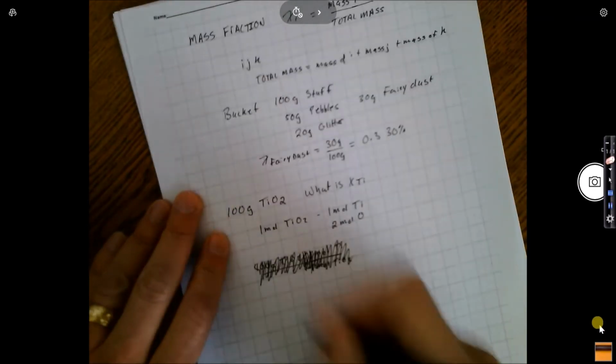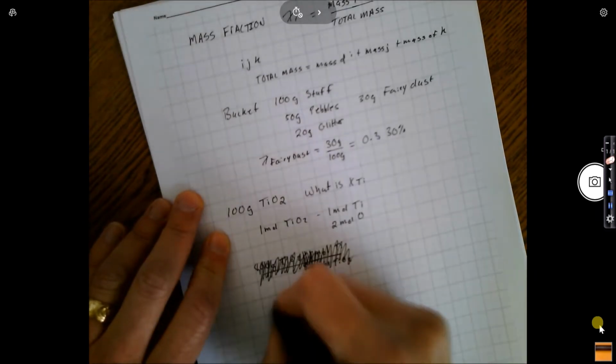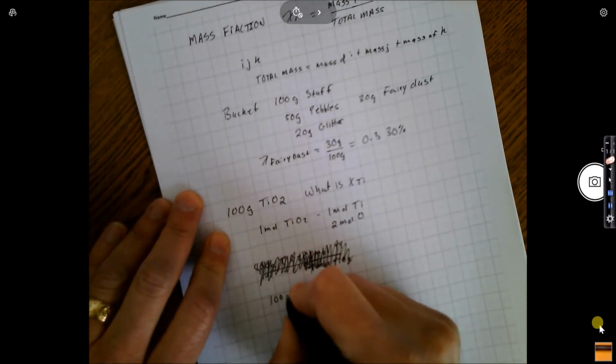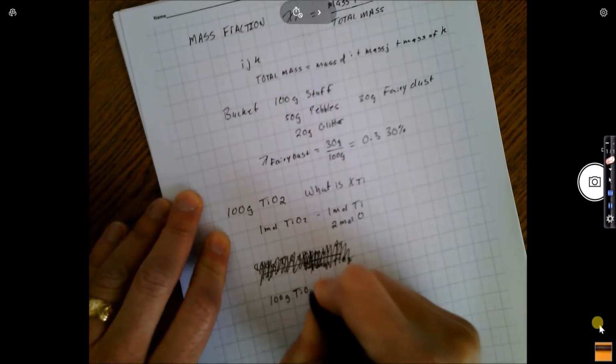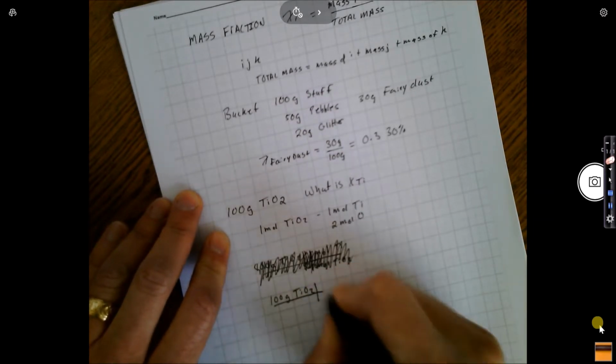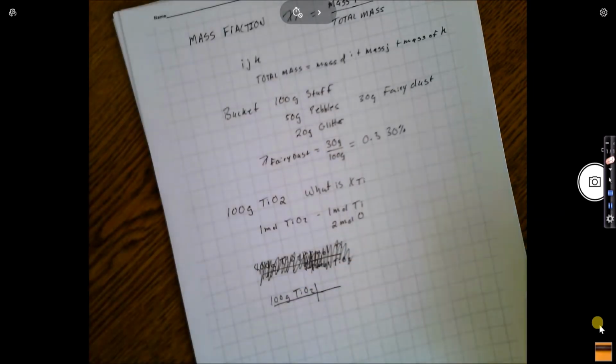All right. We're going to start off with our 100 grams of TiO2. I apologize for my error.